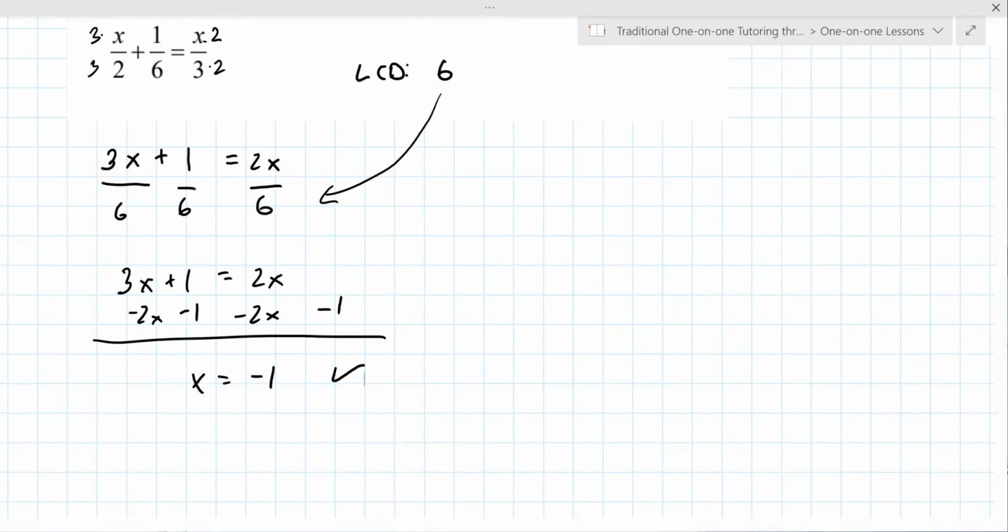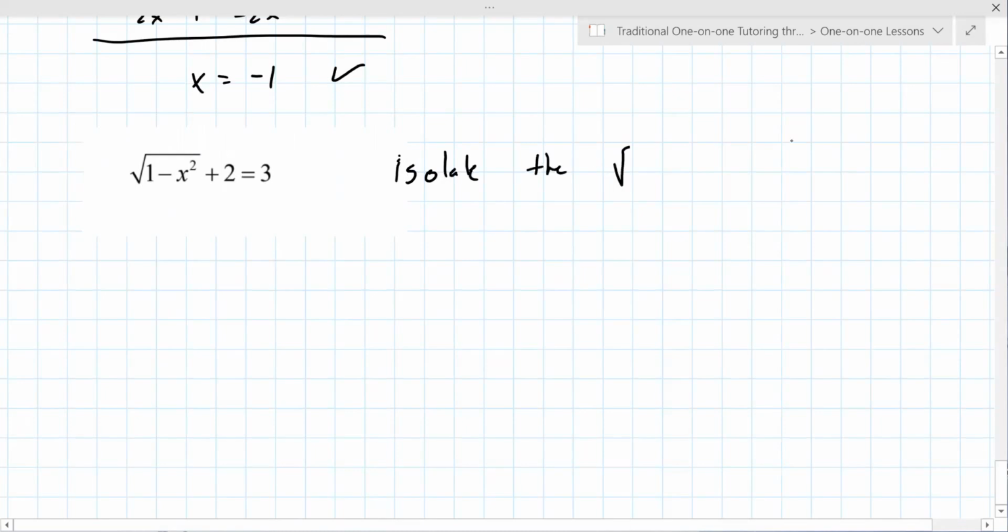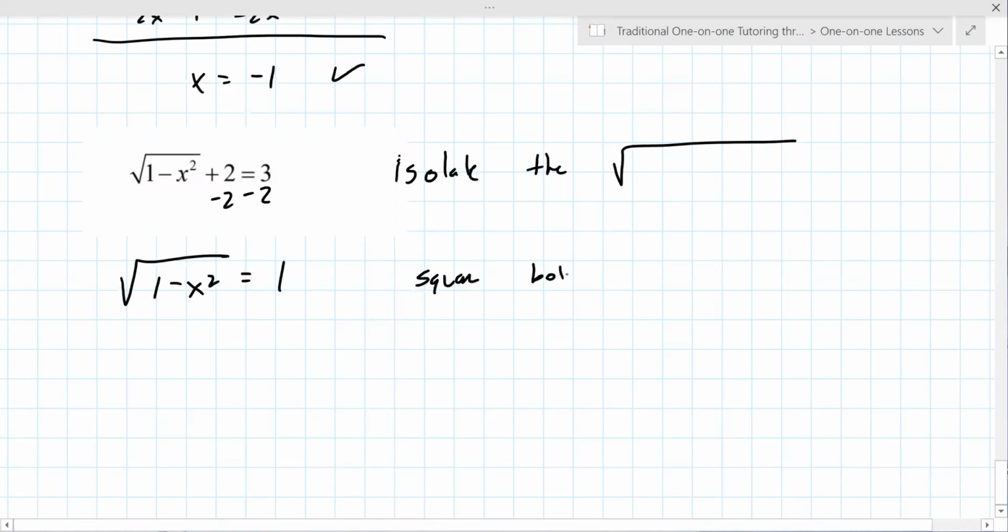Not too bad here. Next one is the square root of 1 minus x squared, plus 2, equals 3. You want to isolate the root, so put 2 on the other side. Then you square both sides. So 1 minus x squared equals 1.